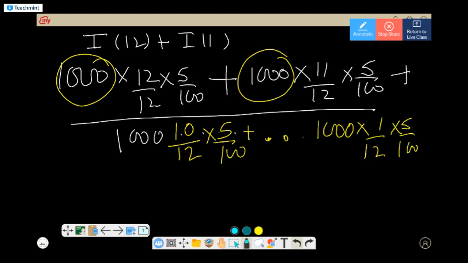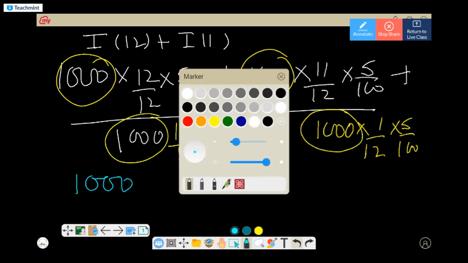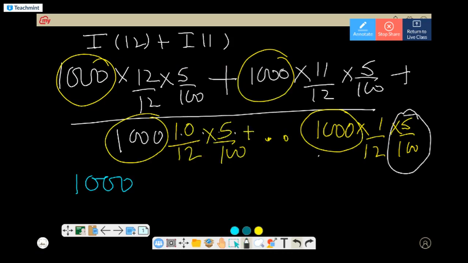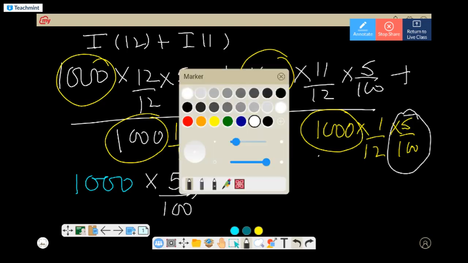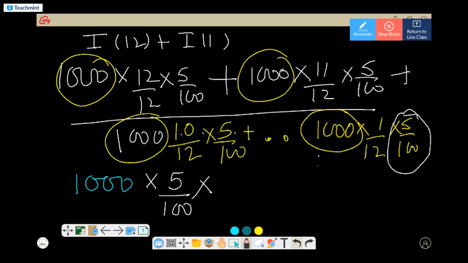So what we can do is take a common term. The common number I can see is 1000 in all the cases. Is there anything else also common? Yes, 1000 for sure is common, and 5 upon 100 is also common. The only thing that is different is this set: 12 upon 12, 11 upon 12, 10 upon 12, like that till 1 upon 12.